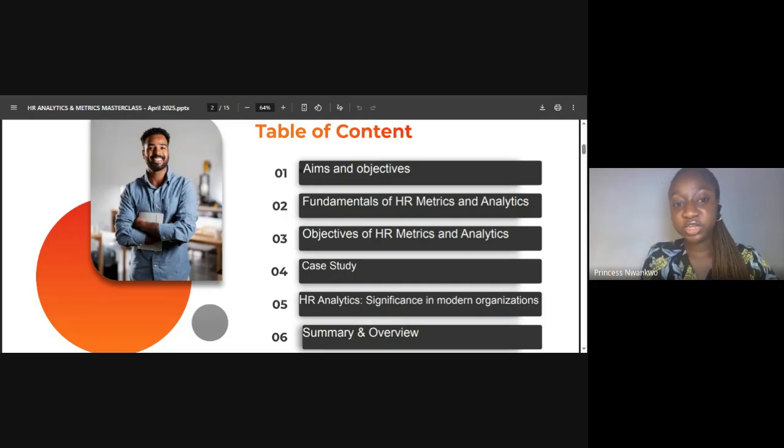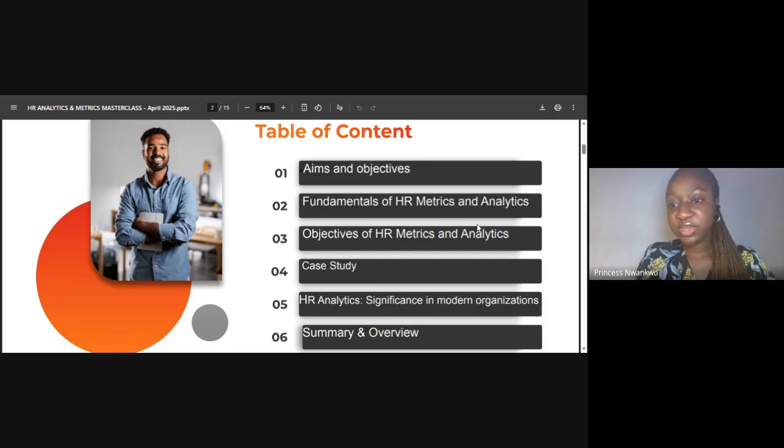We're also going to be looking into the fundamentals of HR metrics and analytics, objectives of HR metrics and analytics. I also have a little case study that we're going to look into together. This is going to be as interactive as possible. And finally, I'll be talking about the significance of HR metrics and analytics in modern organizations.